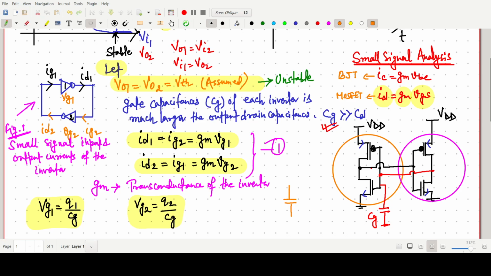If some capacitor is there, I am saying this voltage is Vg, with capacitance Cg. The current is say Ig1.